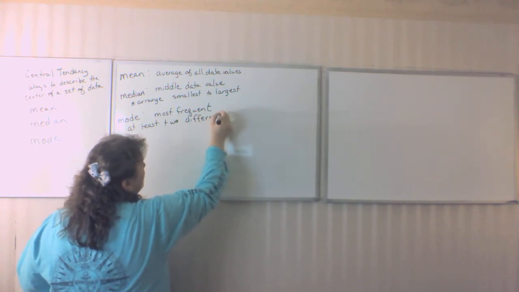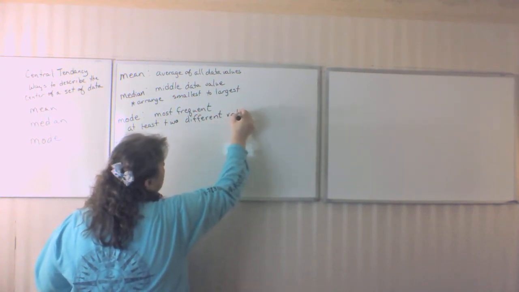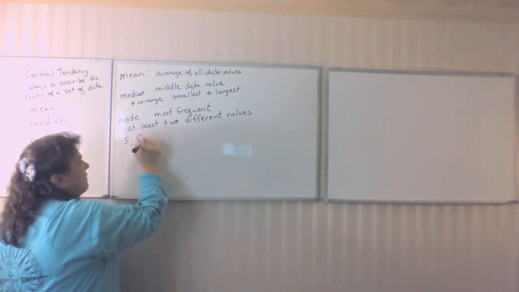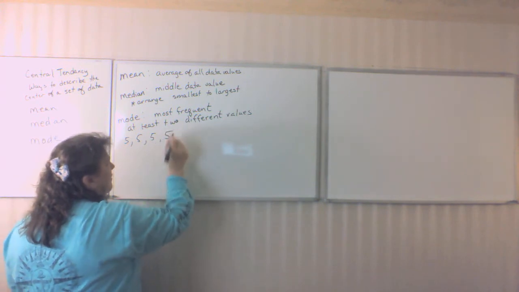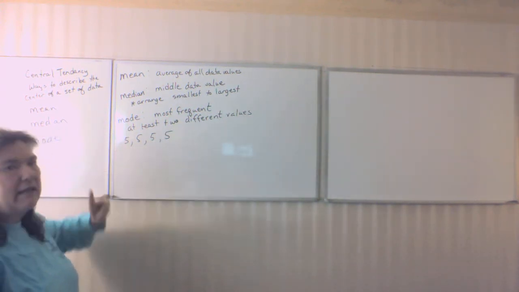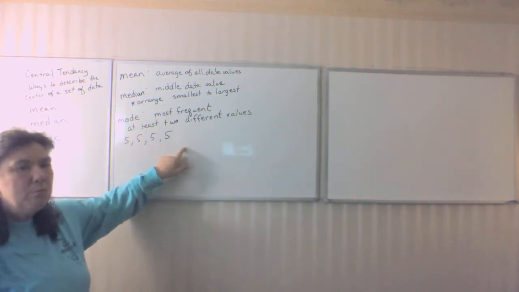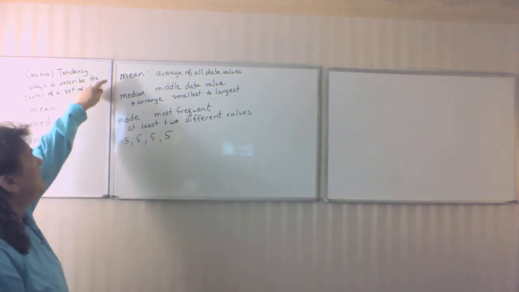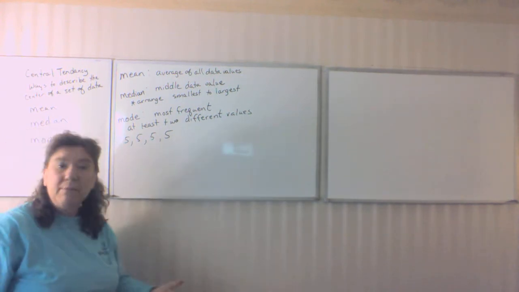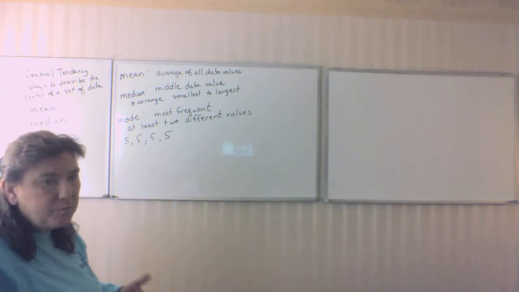So if we have a set of data which is all the same numbers, such as 5, 5, 5, 5, this doesn't have a mode because they're all exactly the same number. So there is no mode for that data. The median and the mean will be exactly the same thing because they're all the same number. So that's what we do.